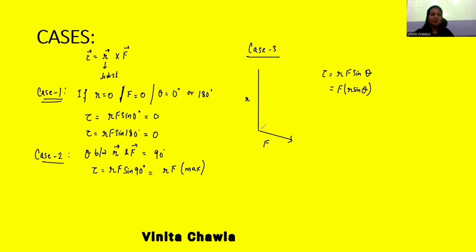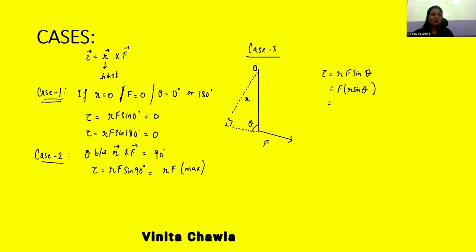So ये जो angle है आपका, if we extend this in the backward direction, this angle is theta. We can draw a perpendicular like this. ठीक है, this is perpendicular. This angle is theta between R and F. So F into R sine theta.